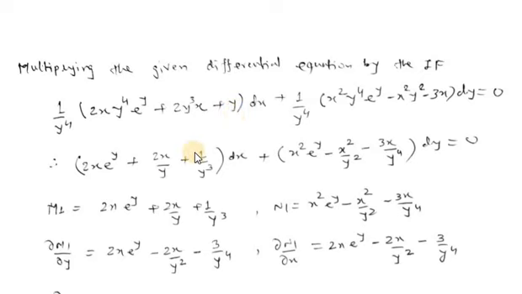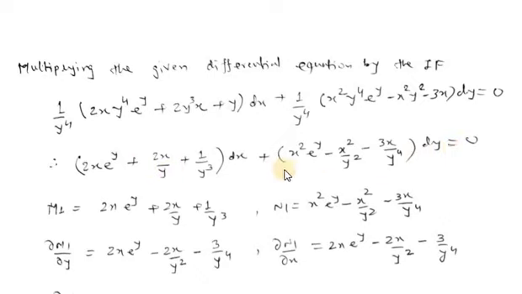Y over y raised to 4, we have 1 upon y cube dx. And over here y raised to 4 will cancel out. The result is x square e raised to y, and it is y raised to 4, so in the denominator we will be having y square. So the result is minus x square by y square. And then finally minus 3x by y raised to 4 dy equals 0.